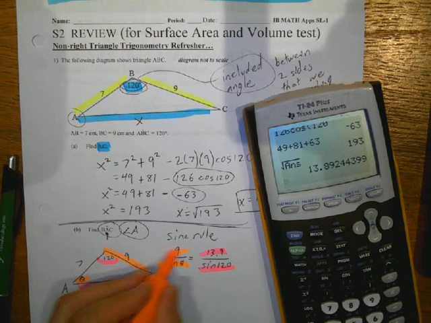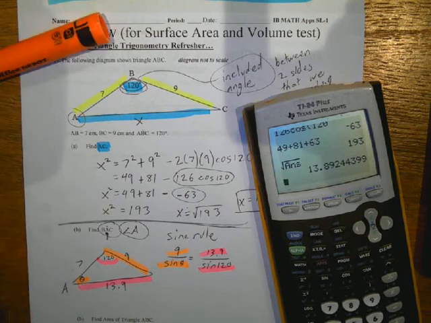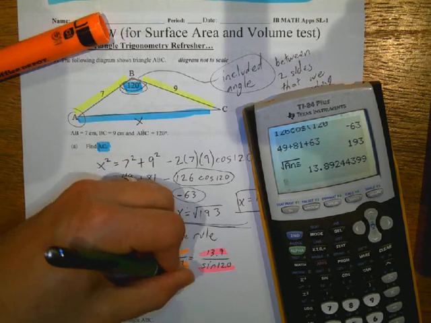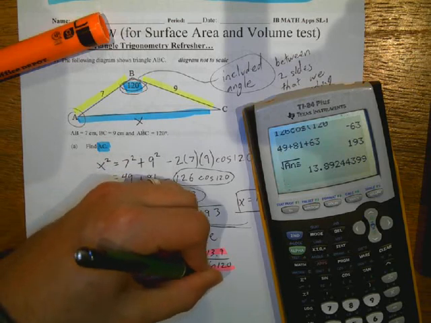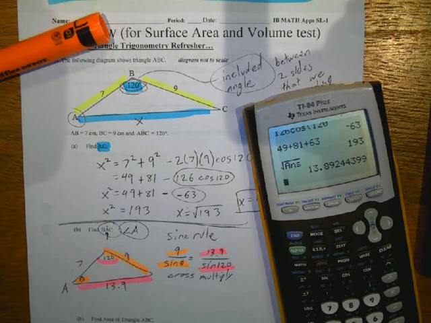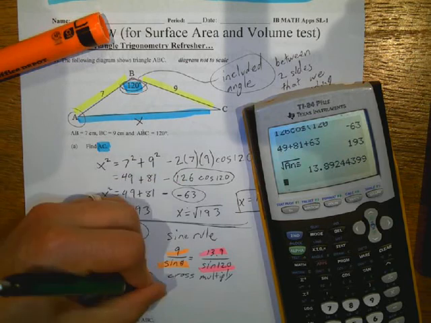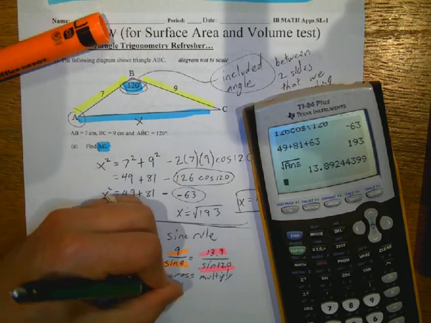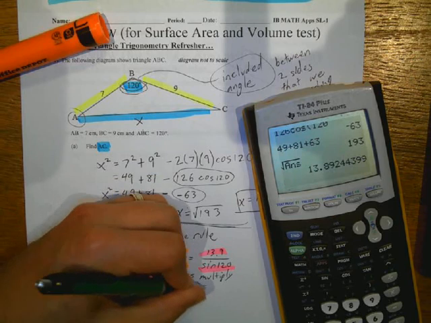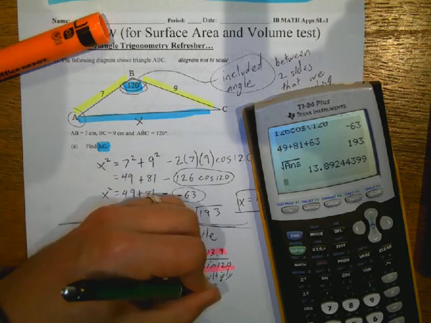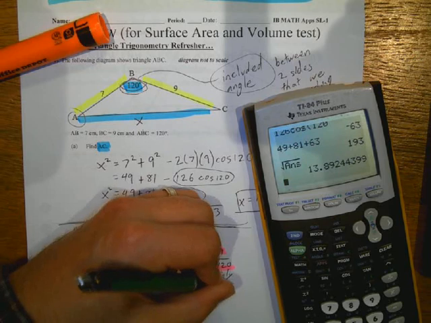Okay, so then I can cross multiply. And then I'm going to get 9 times sine 120 equals 13.9 times sine theta.